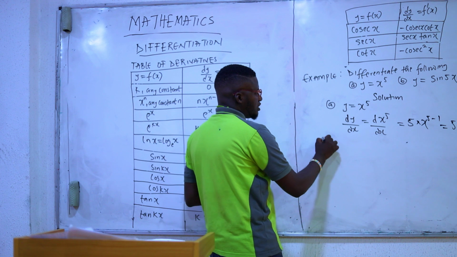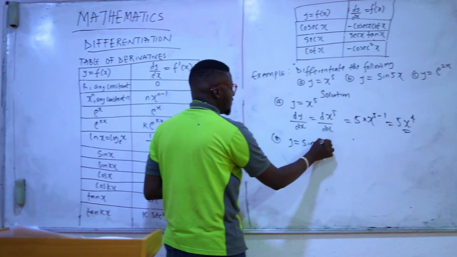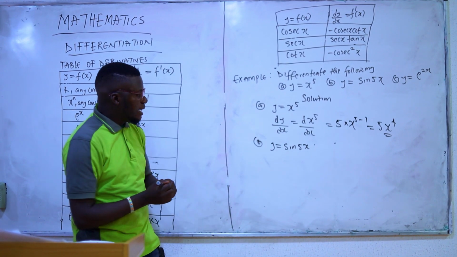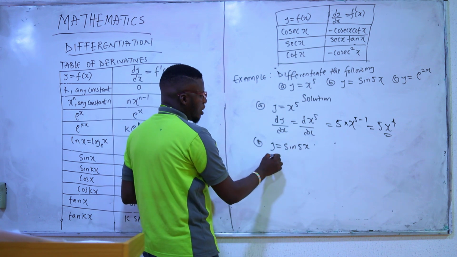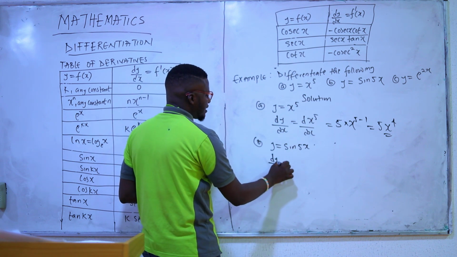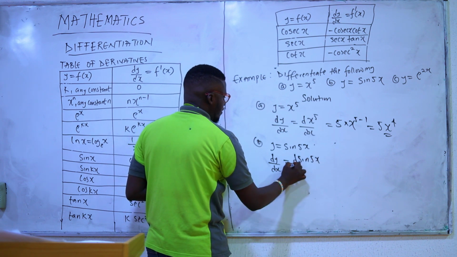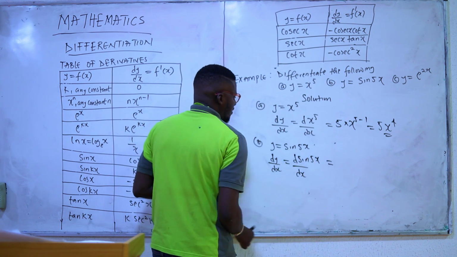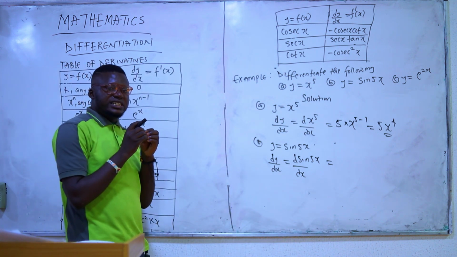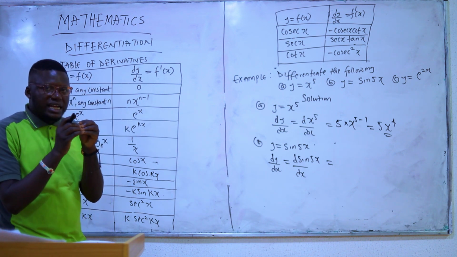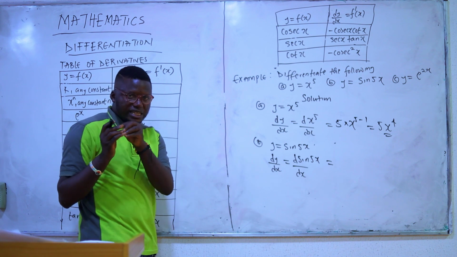I move to the next one, which is b. B says I should find the differential of y equal to sine 5x. You see, the constant I'm being given here is 5. So dy over dx is equal to d sine 5x over dx. Just like I said from the table, if you are differentiating sine kx, you have the constant k multiplied by the differential of sine, which is cos, of the constant times x.